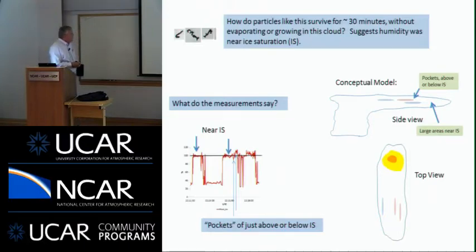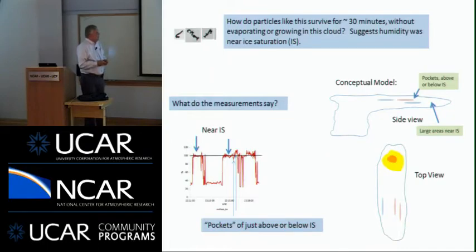On the other hand, there are some pockets of ice supersaturation and subsaturation in relatively small amounts. So if you think about what's probably going on in these clouds, you come up with a picture that looks like this, where you have pockets of slightly above or slightly lower saturation, where some particles can evaporate and some particles can grow to some extent, surrounded by regions where the saturation is near ice saturation. And so you end up with this in different proportions.